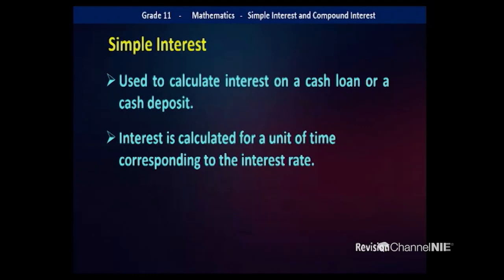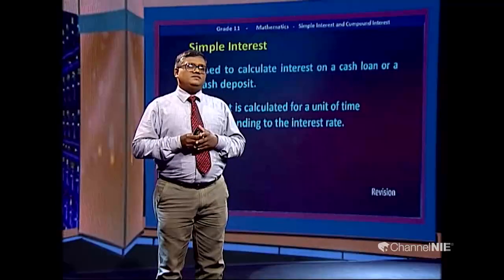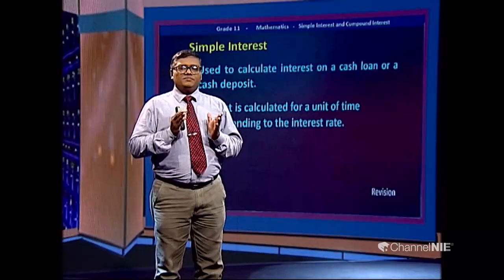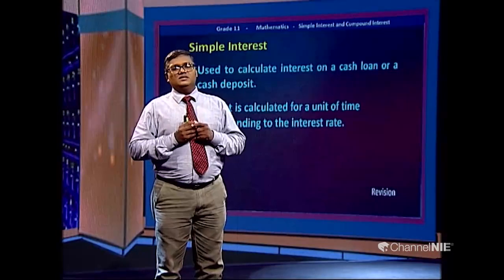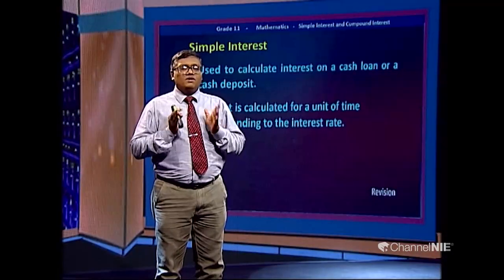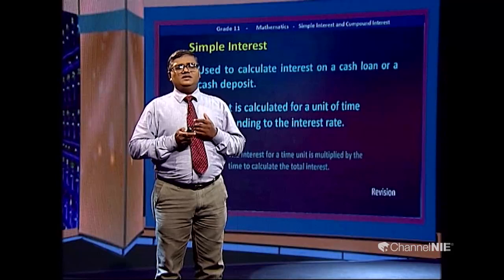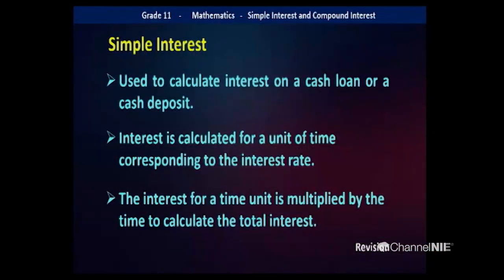In the simple interest method, you calculate the interest for a time unit, that may be 1 month or 1 year. Usually you calculate it for 1 year. Next, the interest for a time unit is multiplied by the time to calculate the total interest. That means once we calculate the interest for 1 month or 1 year, you multiply by the number of months or number of years to get the total interest.